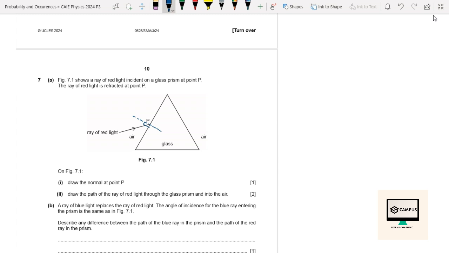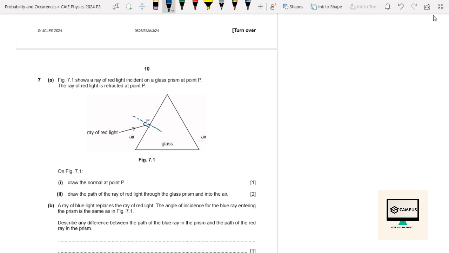When the refractive index of a material is larger, the speed of light in that medium is slower than the speed of light in vacuum or in a medium with lower refractive index. So in glass, with a refractive index larger than that of air, the speed of light is reduced.